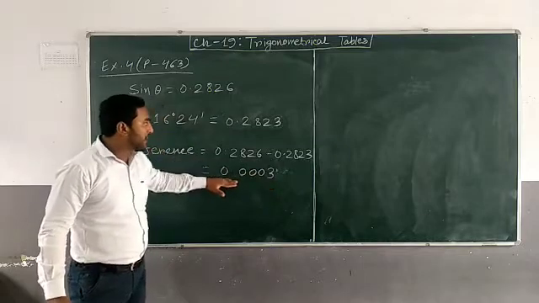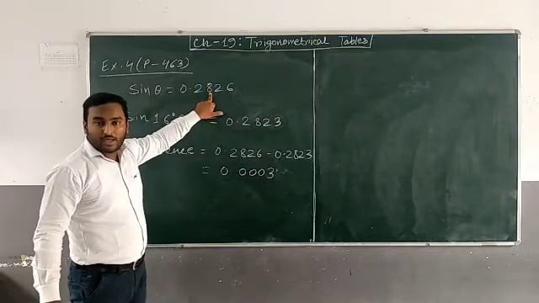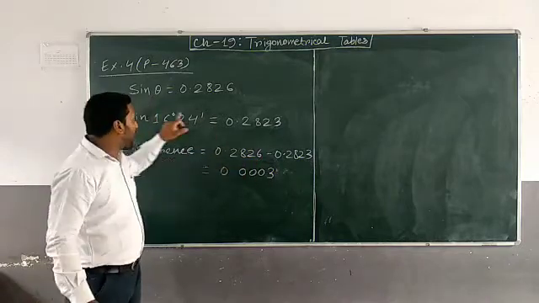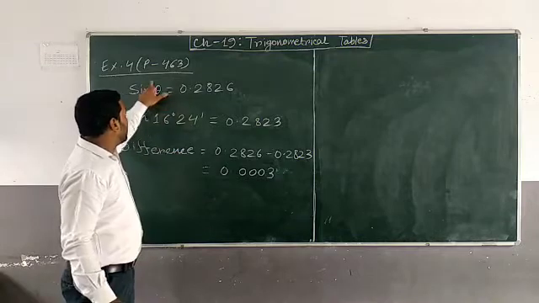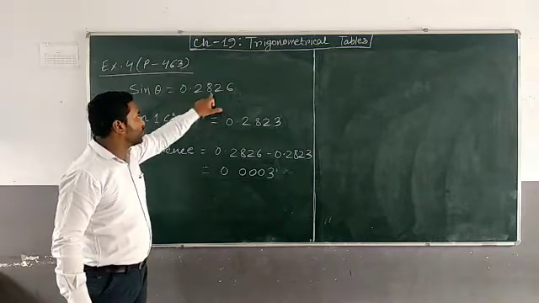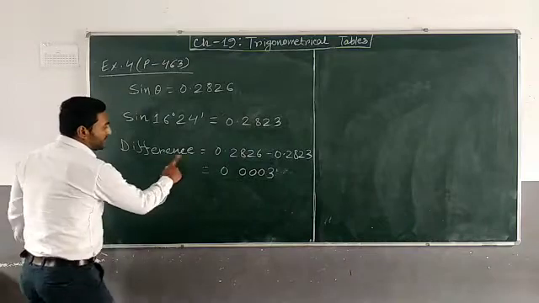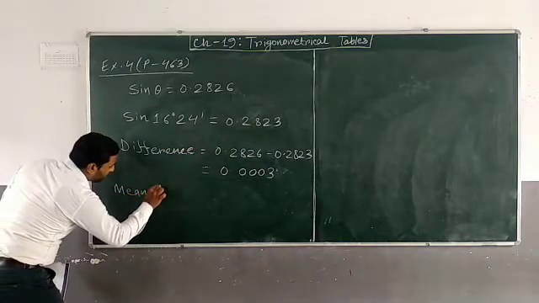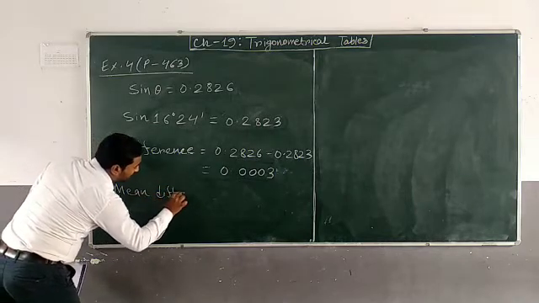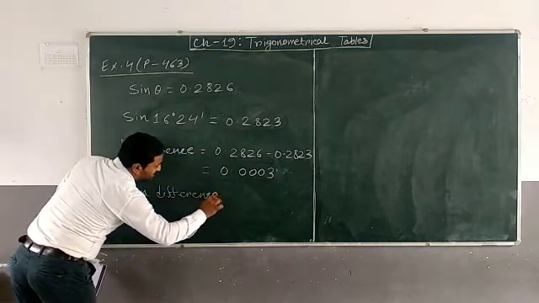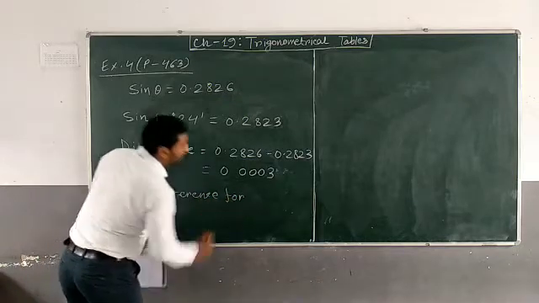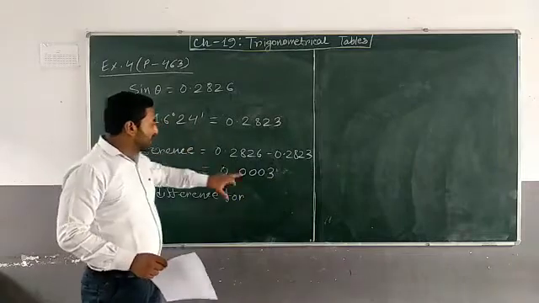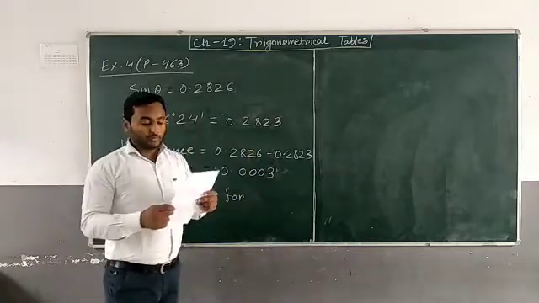This value is less than that value, so for this difference we have to find the angle and add it to this one, and then you will get the value of theta for 0.2826. So the difference is 0.0003. Now this difference you have to look up in the mean differences column.